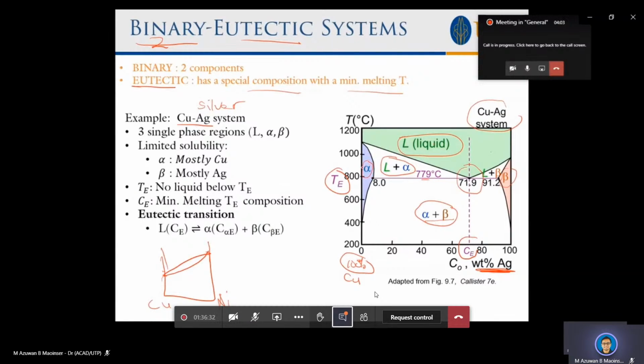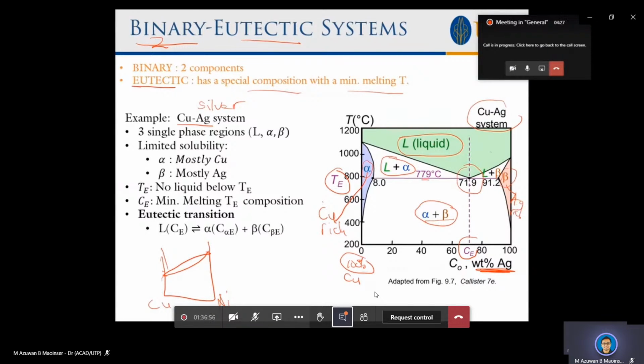Alpha is actually a solid. It is rich in copper. If you read the phase diagram correctly, alpha is copper rich, with only a bit of argentum. But beta, on the other side, is argentum rich.